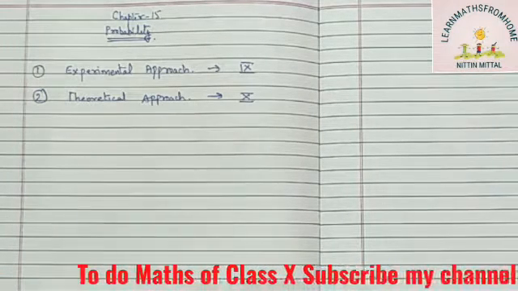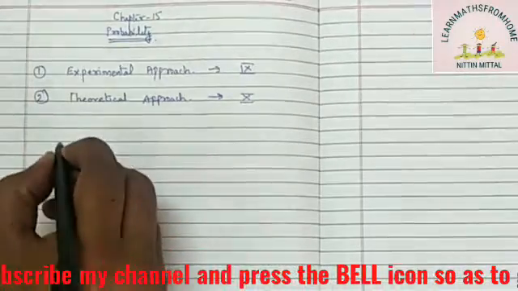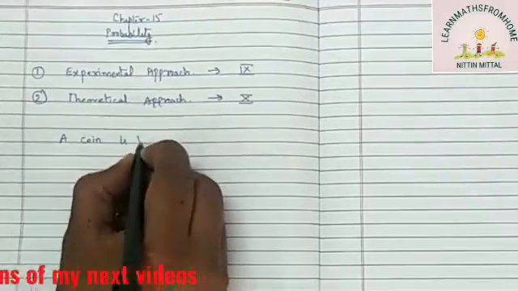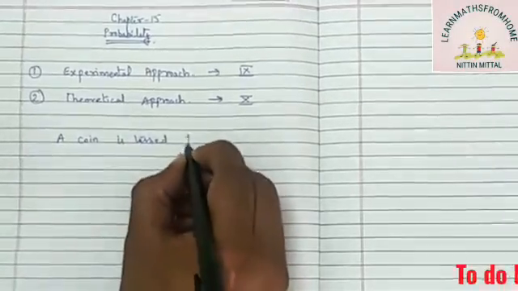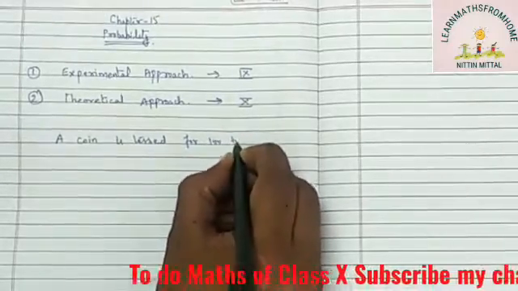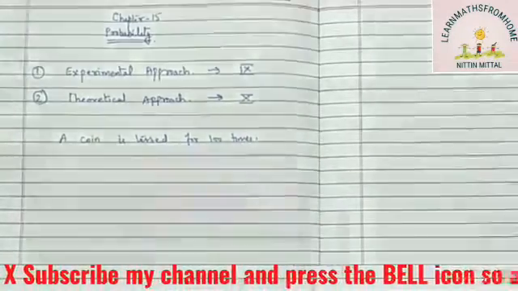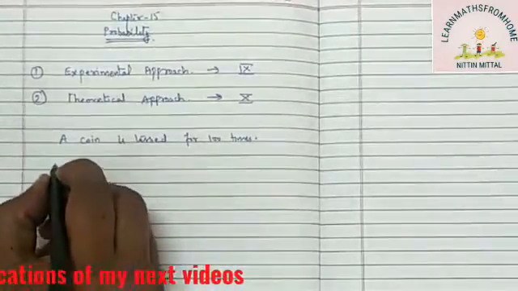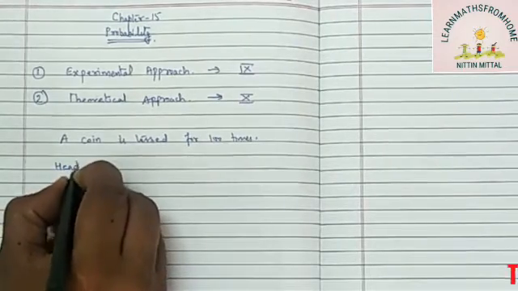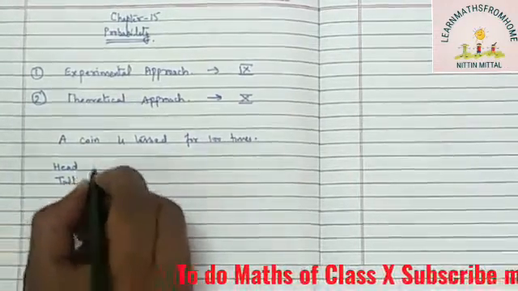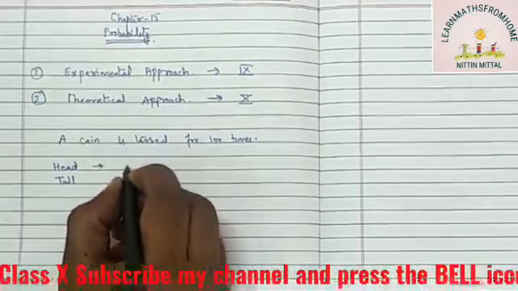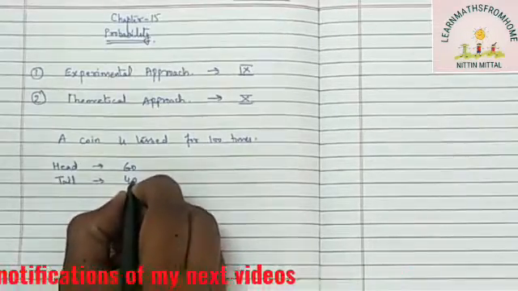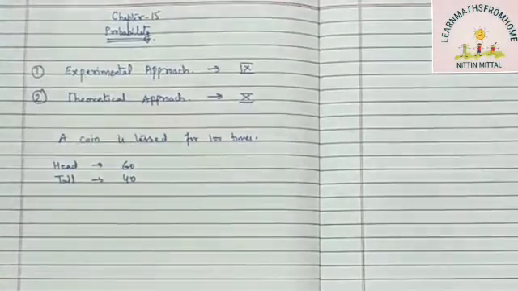According to that, for example, suppose a coin is tossed 100 times. Now we know the possible outcomes of a coin are head and tail. Now suppose our statistic says out of 100 times 60 times head appeared and 40 times tail, right?